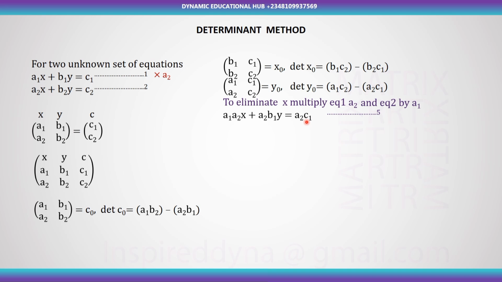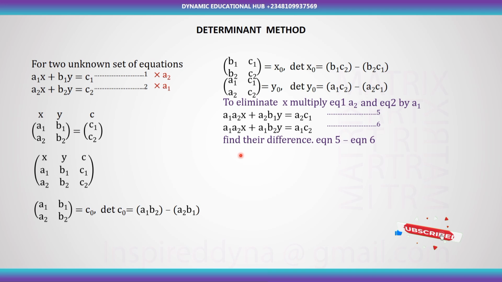Multiply equation 2 by a1. This guy, I want to multiply it by a1. Multiplying it by a1, we have a1 a2x plus a1 b2y is equals to a1 c2. Let's call it our sixth equation. Since we want to eliminate x, we can find the difference. We subtract equation 6 from equation 5, equation 5 minus equation 6.